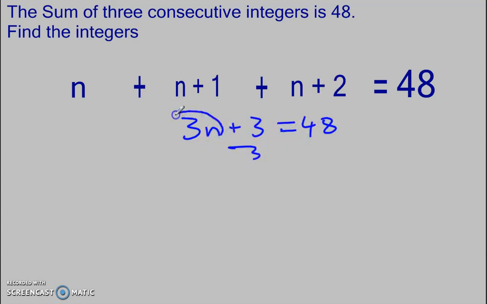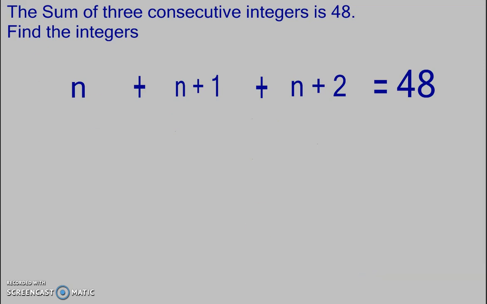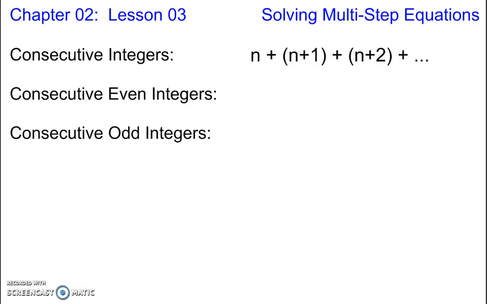Subtract 3 from each side. 3n is equal to 45. Divide by 3 on each side, and n is equal to 15. So, consecutive integers, n plus 1, n plus 2, and so on, depending on how many consecutive integers they want.